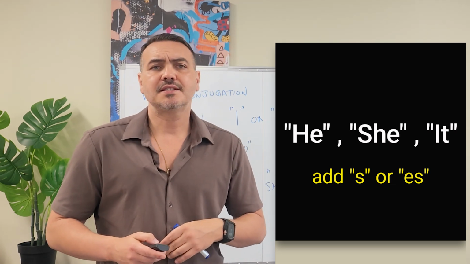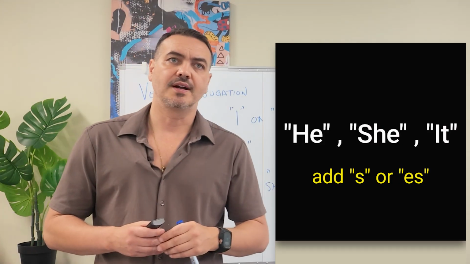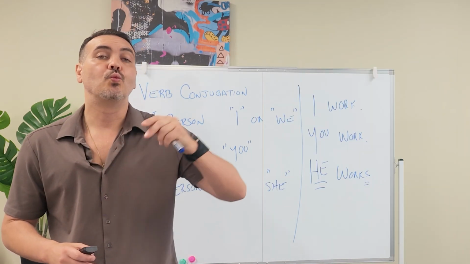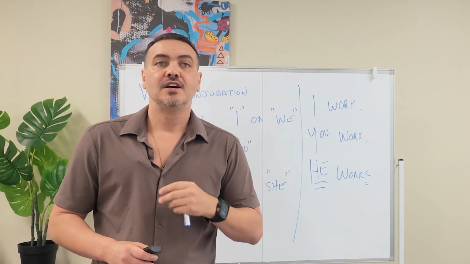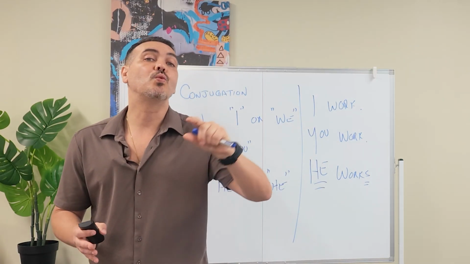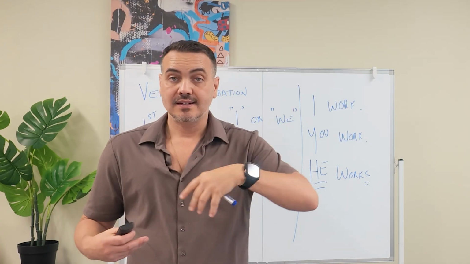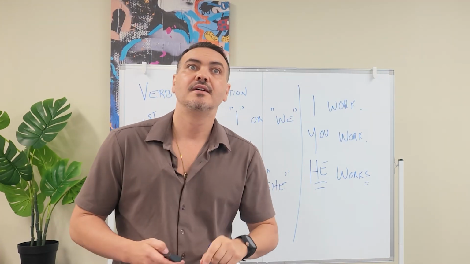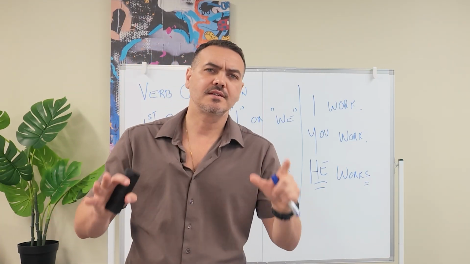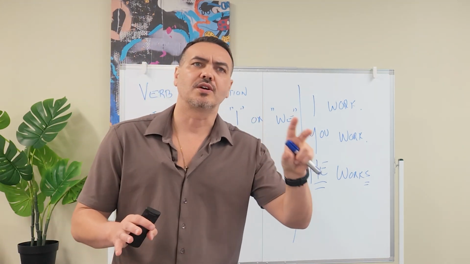Okay, so let's show some examples with the verb to work. Okay, I work, you work, he works with an S, she works with an S, it works with an S, we work, they work. Okay? Notice the change. He works. She works.